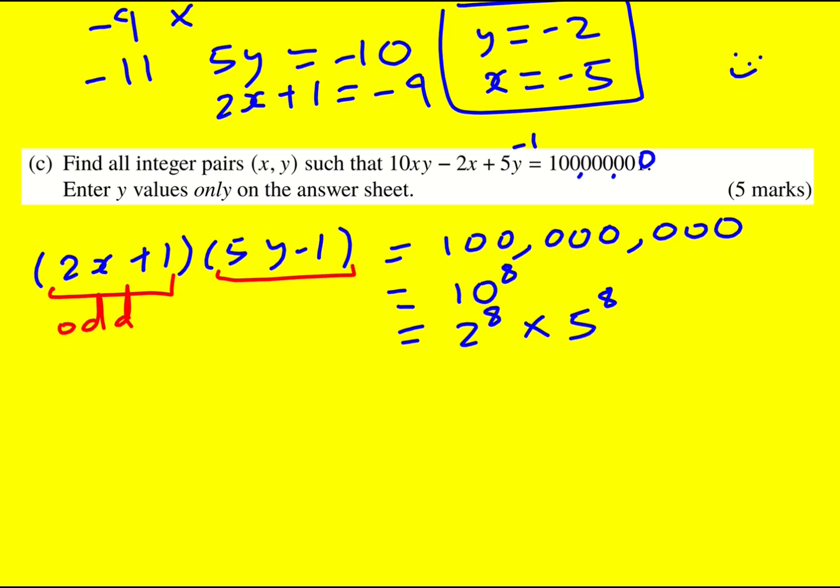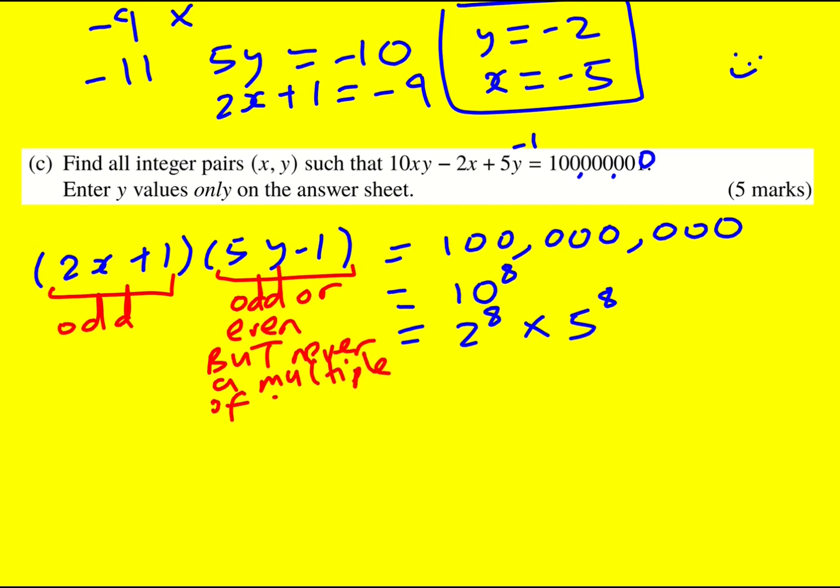Now over here, this could be odd or even. But here's the thing, there is no way that this can be a multiple of 5. Which means that I cannot set this equal to any power of 5 here, like we were doing before.